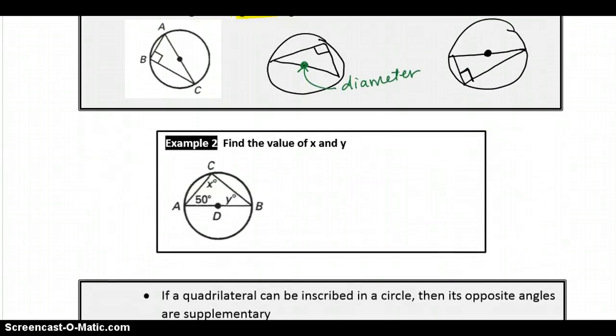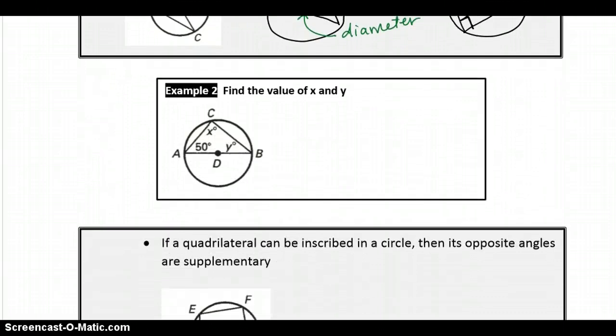So, looking at example 2, it wants us to find the value of x and y. Looking at our picture, we can see that this inscribed triangle here, this side, AB, is going through the center D, so it's a diameter. Since that is a diameter, then that means that the triangle must be a right triangle and the opposite angle must be a right angle.